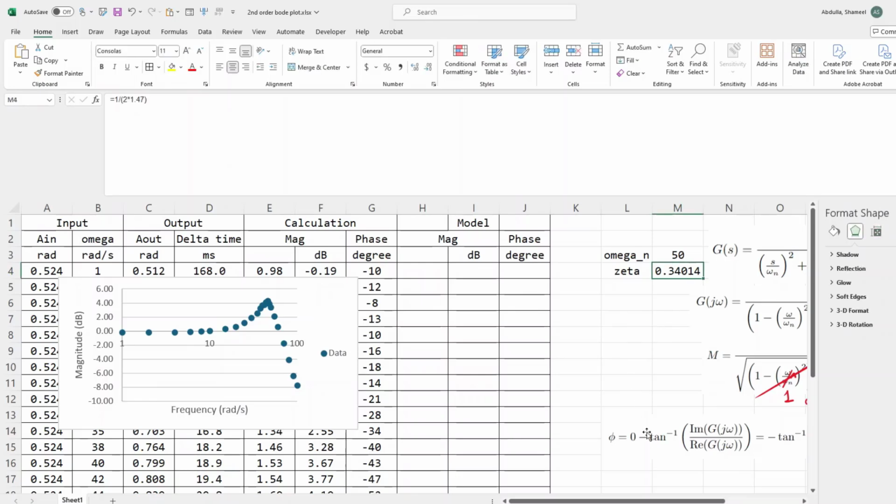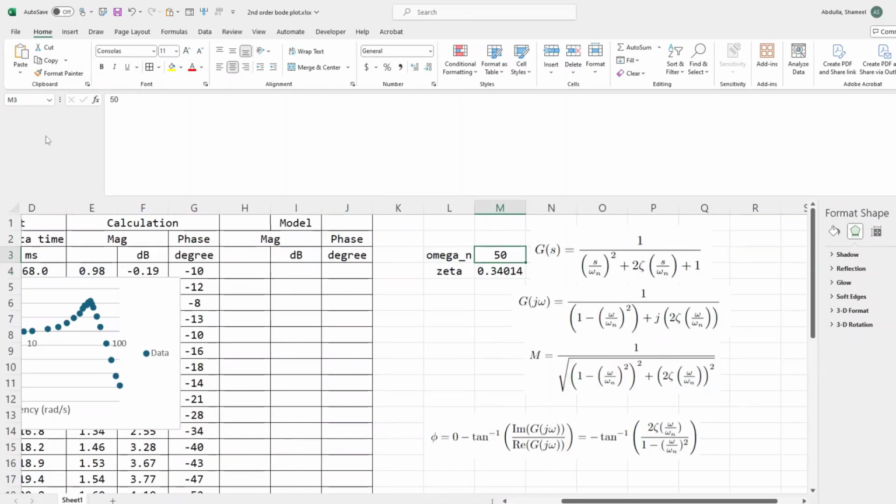Now we have zeta and omega n. I'm going to do the naming again. So this is omega n, and this is zeta. Now my magnitude is calculated as this ratio here.